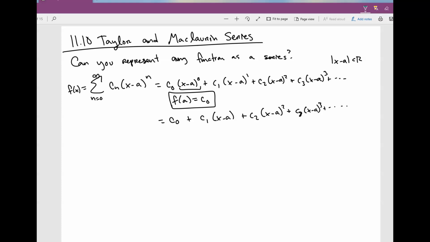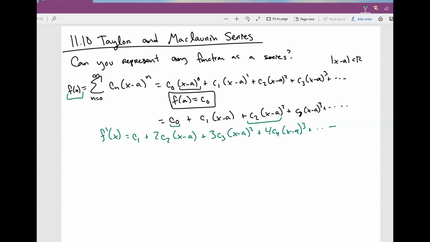So what I'm going to do is take the derivative of this function, f prime. This thing is going to go away. I'm going to take the derivative with respect to x for this guy, and I'm going to be left with c1. Then in my other one, take the derivative of this, I'm going to move the 2 over, so I'm going to have 2c2 x minus a. Take the derivative of the next one, and I have 3c3 x minus a squared. If I keep doing that, I'm going to have 4c4 x minus a cubed, and so on and so forth.